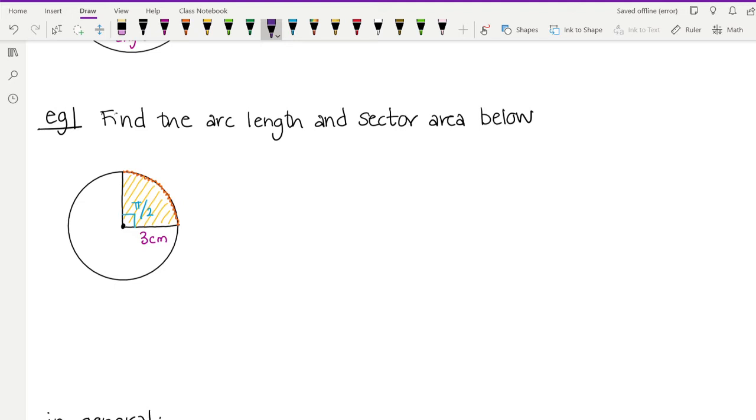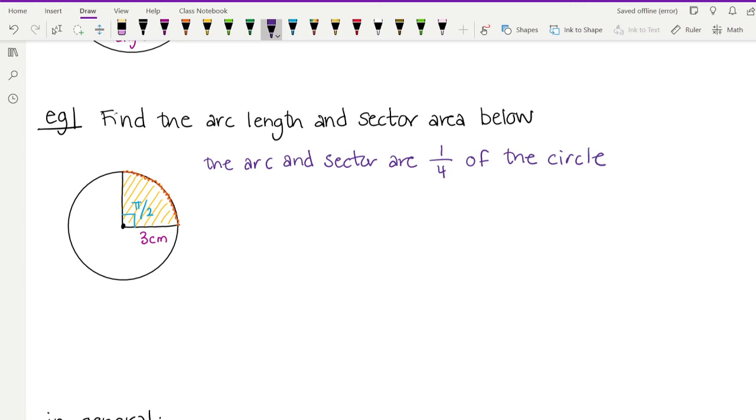So the arc and sector are basically 1/4 of the circle. They're making up 1/4 of the circle. How can we use that to figure out, let's start with the arc length?